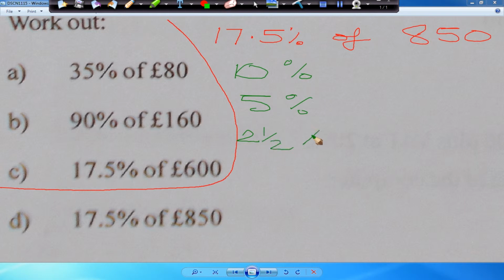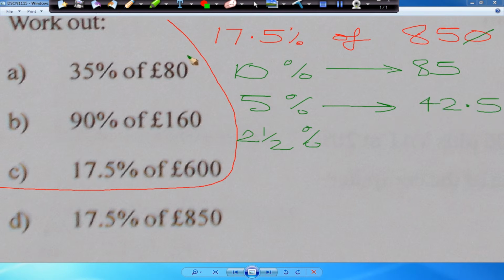So 10% of 850, we have to divide by 10, so that gives us 85. And then we've got to work out 5%, which is half of 10%. So what's half of 85? 42.5.